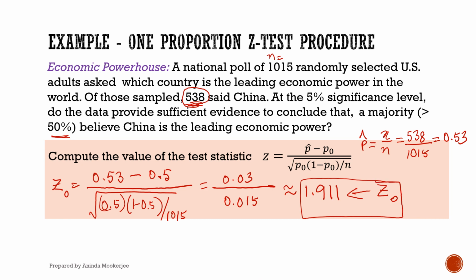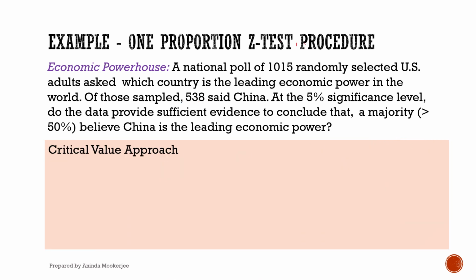Now we will be taking this test statistic value and using it with two approaches. One is the critical value approach, the other one is the p-value approach in the next slide, to arrive at a decision. Now we are on to step 4, the first part of which is using the critical value approach.